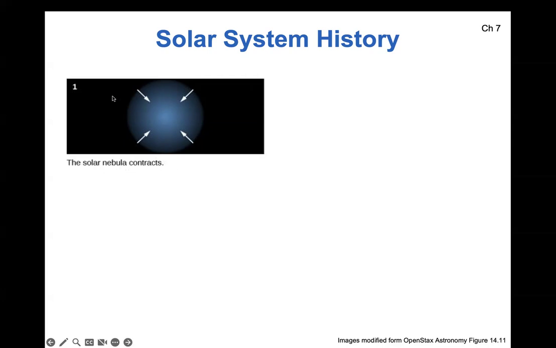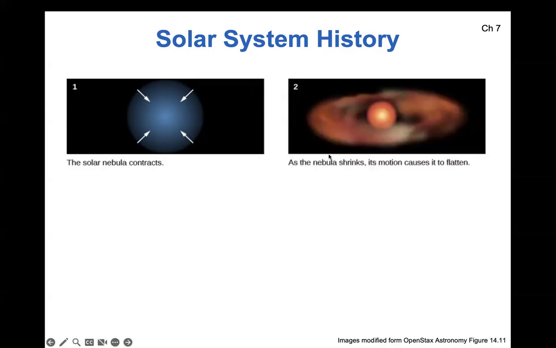We'll talk about what properties this nebula would have had when we talk about the evolution of stars. And at some point, that solar nebula, called a solar nebula because it's going to create a sun, a star, collapsed under the influence of gravity.